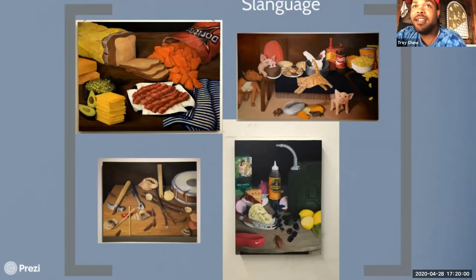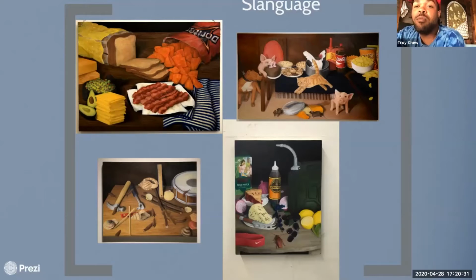And so I was thinking to start compiling these literal representations into different categories, and just like a Dutch or Flemish still life, the still lifes kind of had a coded language. So I feel like with hip hop, it's also a coded language.